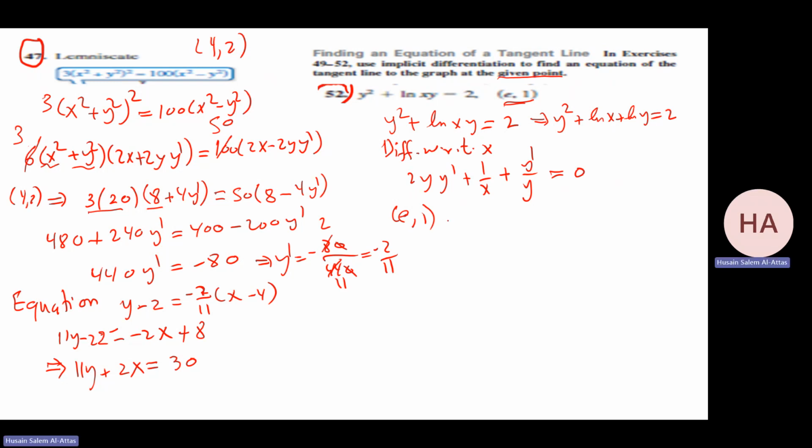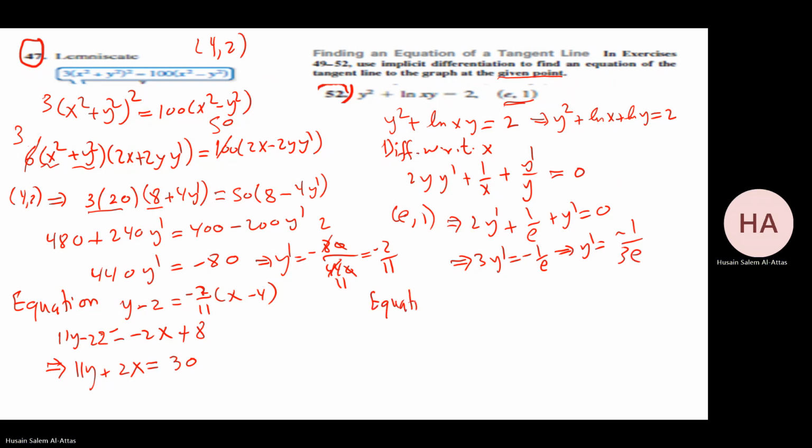We get what? 2y prime plus 1 over e plus y prime equals 0. That means 3y prime equals minus 1 over e. That means y prime equals minus 1 over 3e. What will be the equation? y minus 1 equals minus 1 over 3e times x minus e.